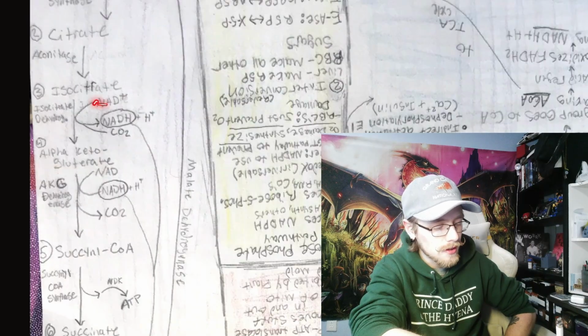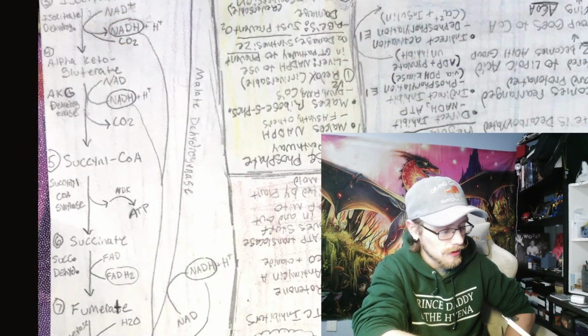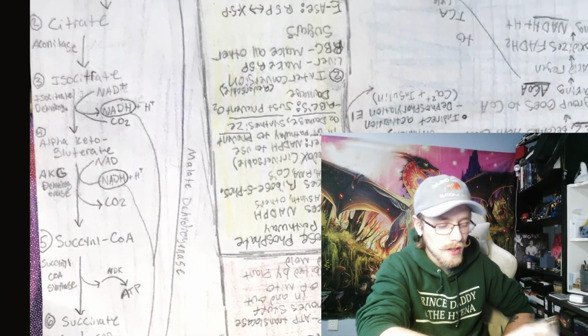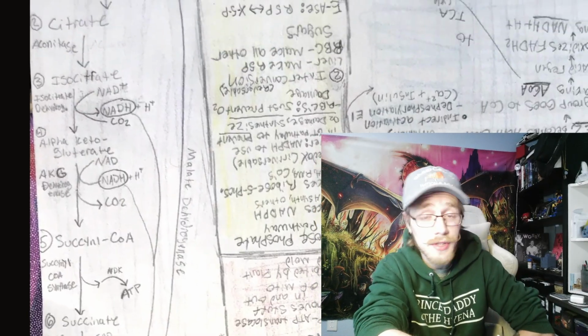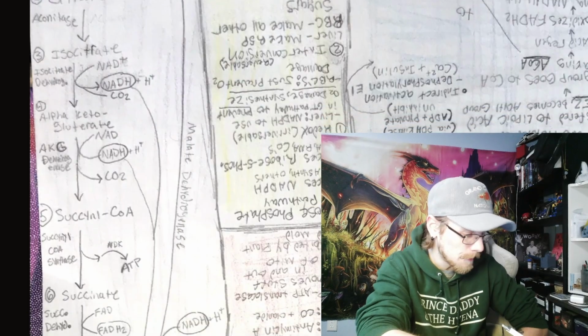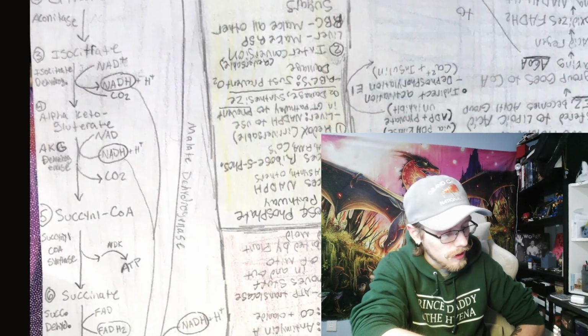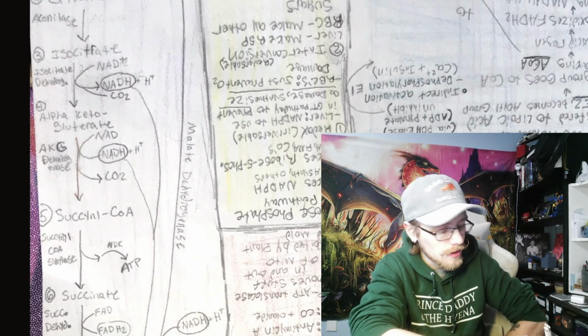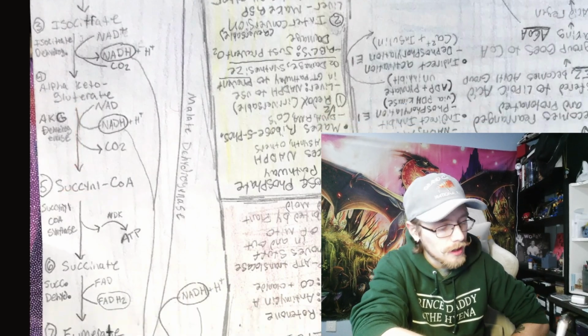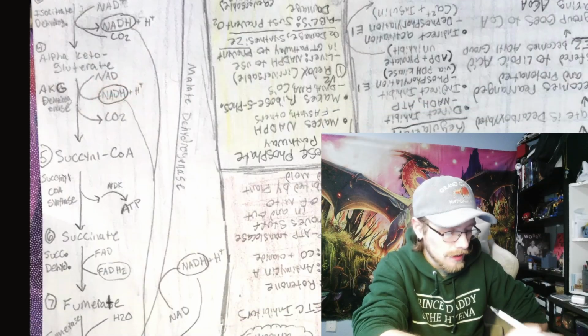And notice here, we gain one NADH, and that's circled for a reason. You can see that there's an arrow that it goes to. That's going to the electron transport chain, as I've said before, right? Moving through, alpha-ketoglutarate, using alpha-ketoglutarate dehydrogenase, becomes succinyl-CoA, gaining another NADH.